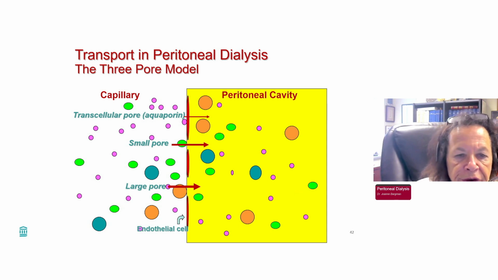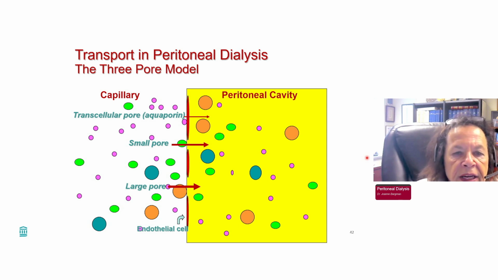There's very few, but there are large spaces between the capillary endothelial cells called large pores, and they allow everything to go through, including macromolecules and larger molecular weight uremic solutes. The third pore is the aquaporin, and it goes right through the endothelial cell, and it only allows water to go through.